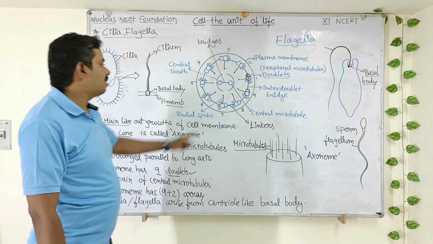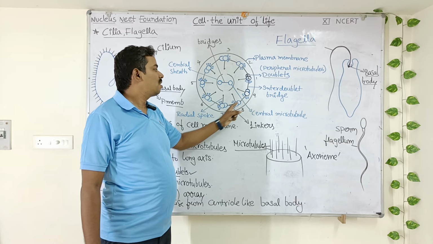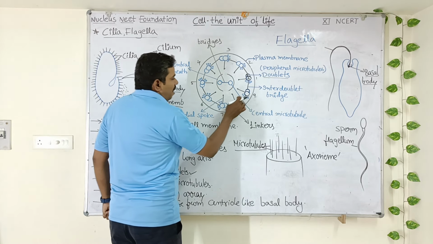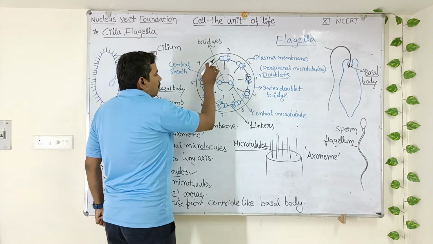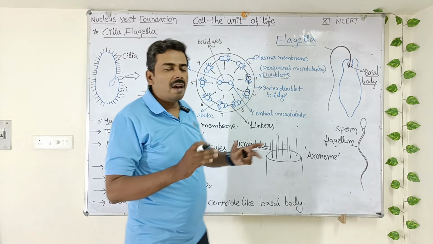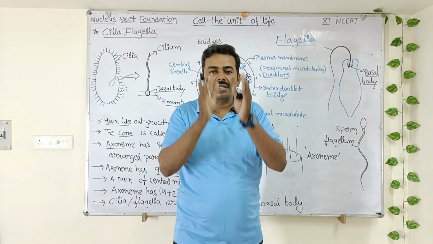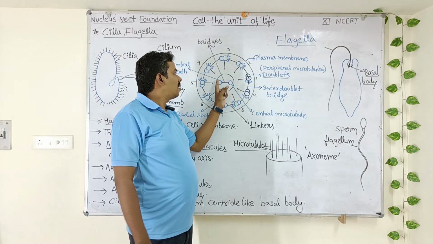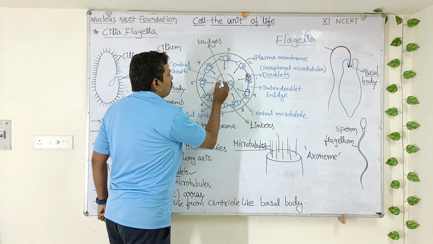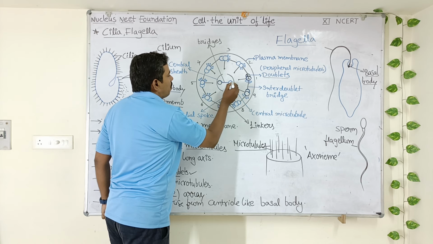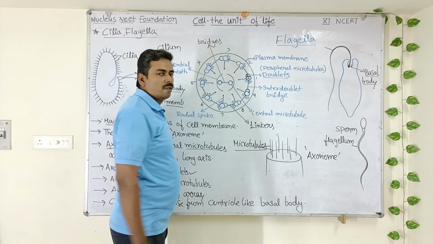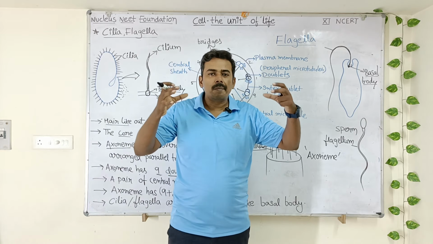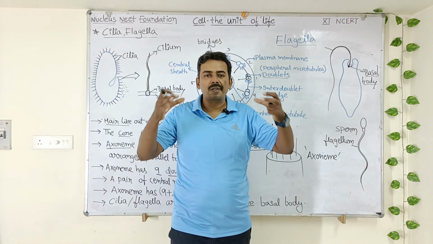Understood? How are they arranged? They are arranged in the peripheral region. These 9 doublets give support to the cilium and flagellum. At the center also, there are 2 microtubules. This is one microtubule, this is another, and they are separated by some distance.